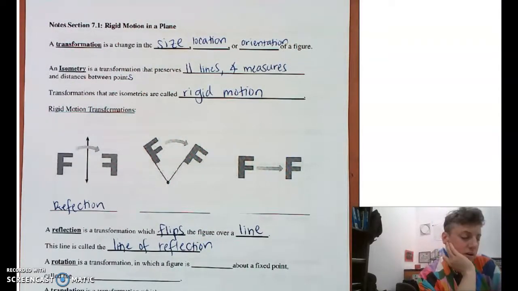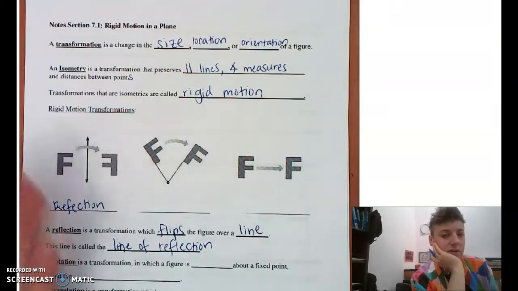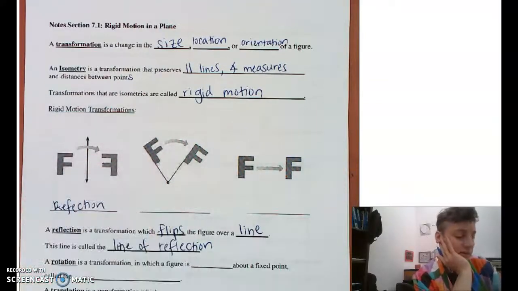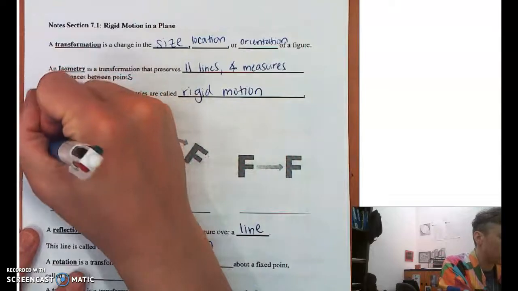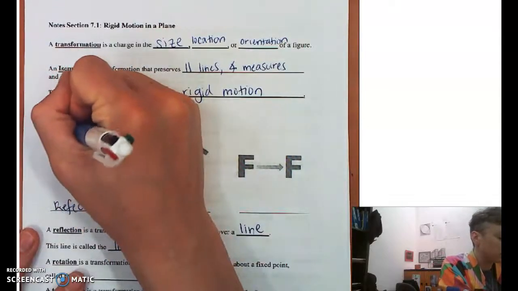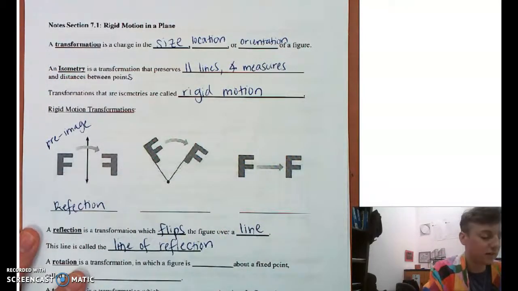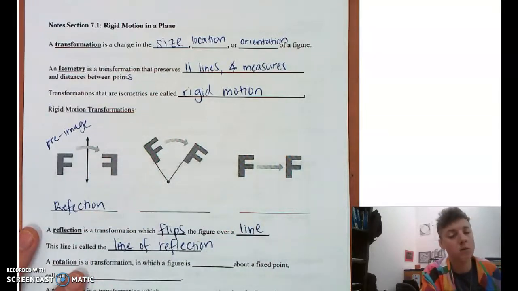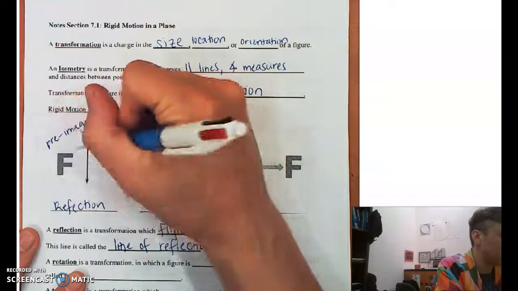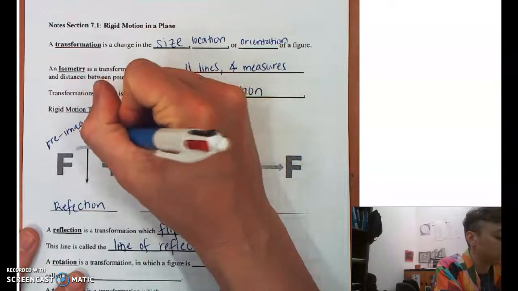Cool beans. You'll notice the reflection looks completely opposite of the original shape, which we call the pre-image. That's the pre-image. What do you think that one's called? Oh, you are correct. It's the post-image. Pre and post.